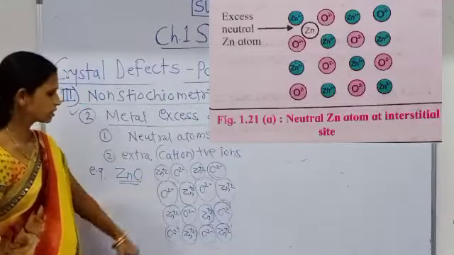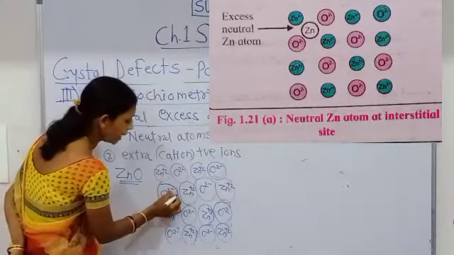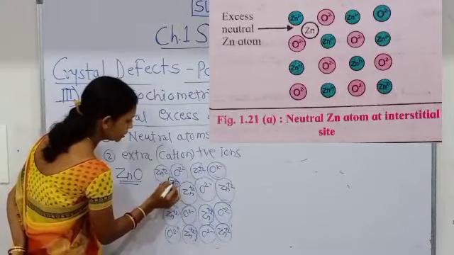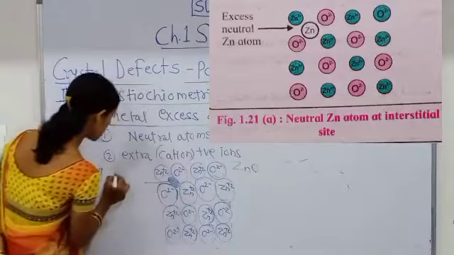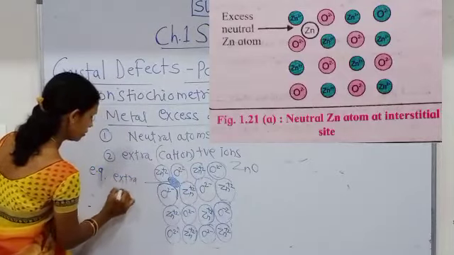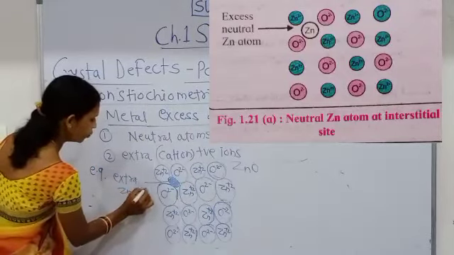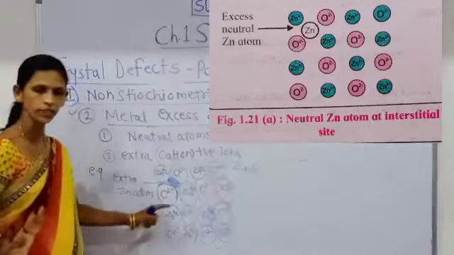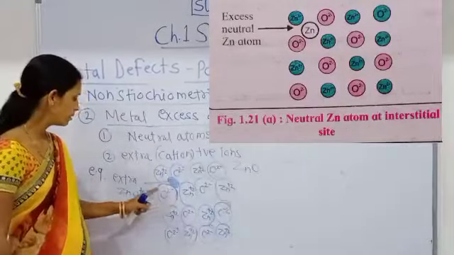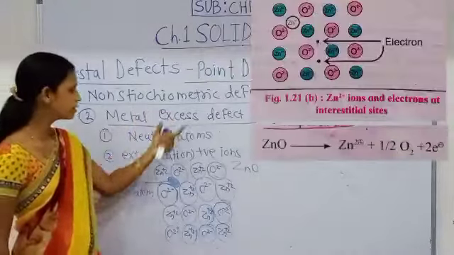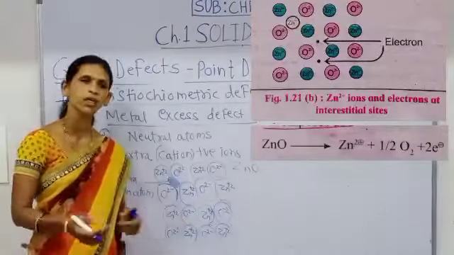If extra zinc atoms occupy the interstitial space, then a metal excess defect is produced here.